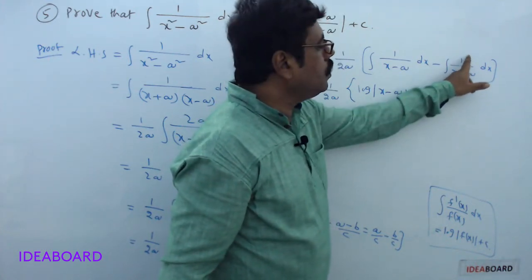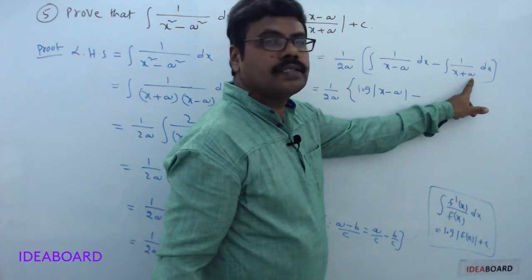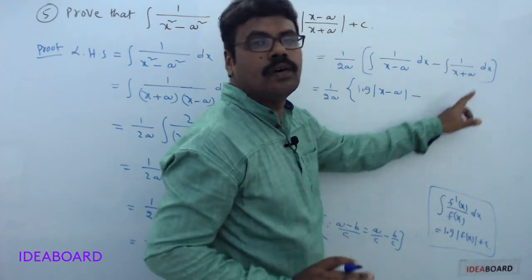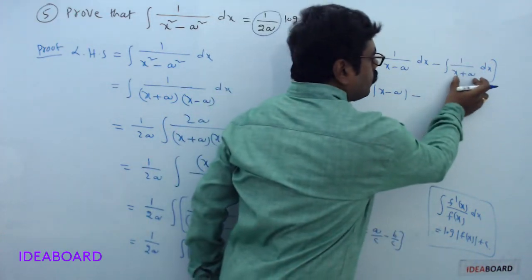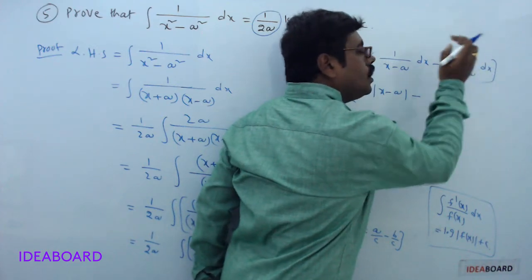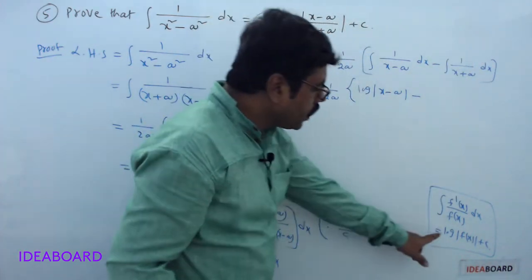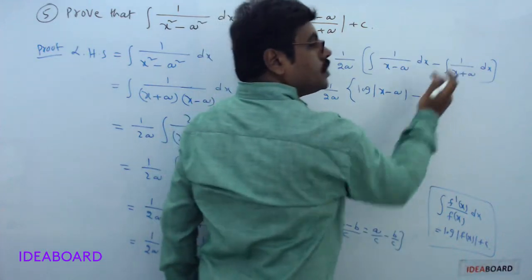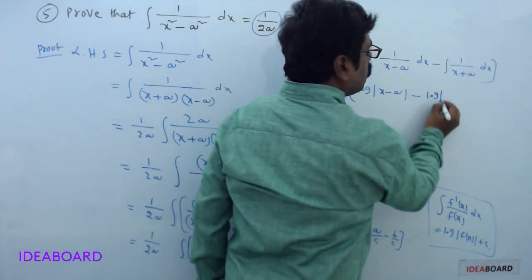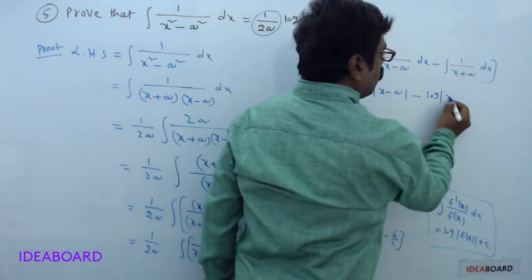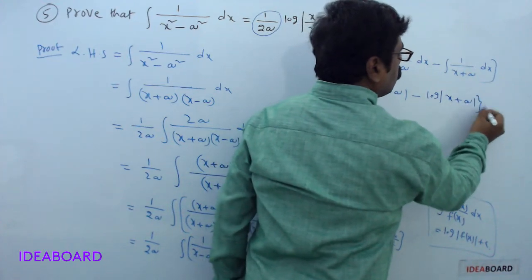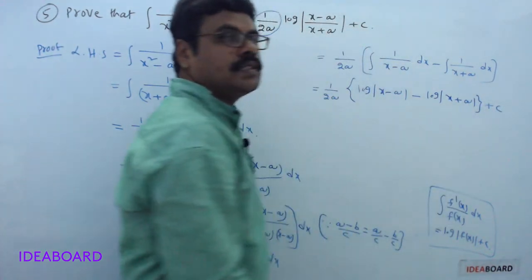Derivative of x is 1. A is the constant term, its derivative is 0. So derivative of denominator is in its numerator. Again, by using this formula, what is its answer? Log mod denominator. So log mod x plus a plus some constant c.